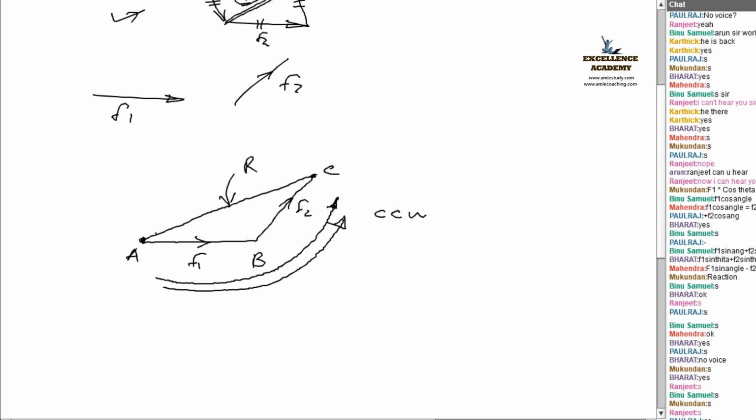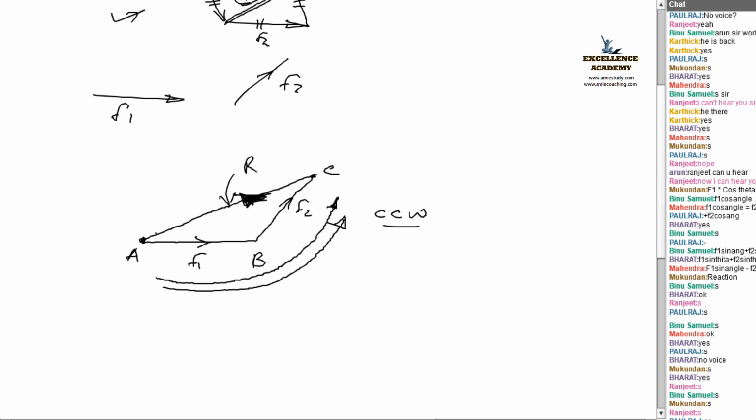Agreed? So the resultant force will be opposite to that direction. Why do I say that? Then only it will be in equilibrium. See, this will be the direction of the resultant force. Clear?